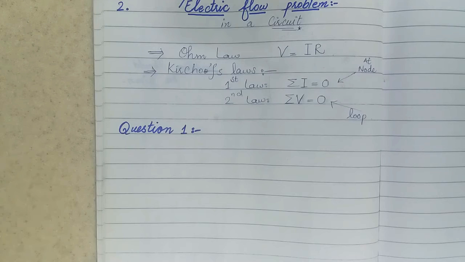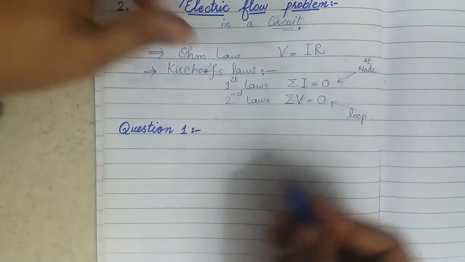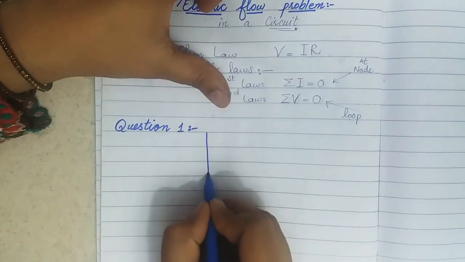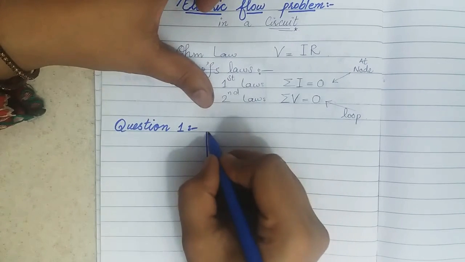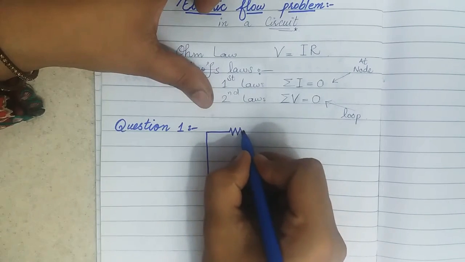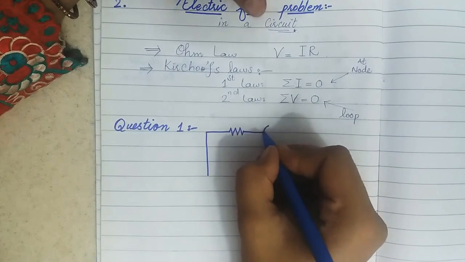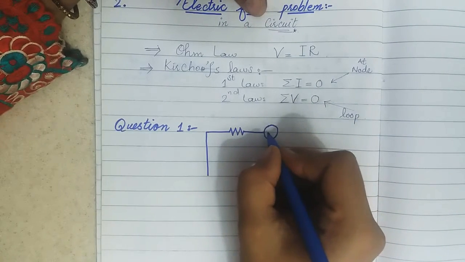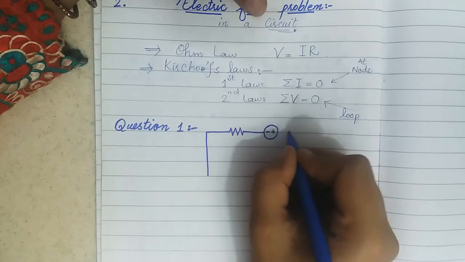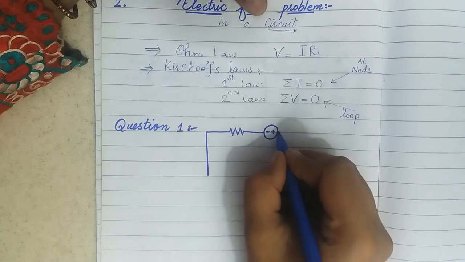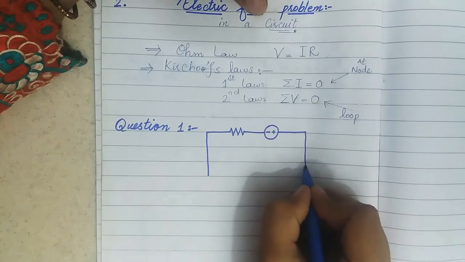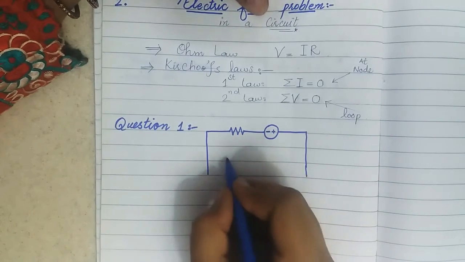So our first electric circuit problem is that, as we know, an electric circuit is a circuit that consists of resistors, batteries, inductors, insulators. These are all used in an electric circuit.